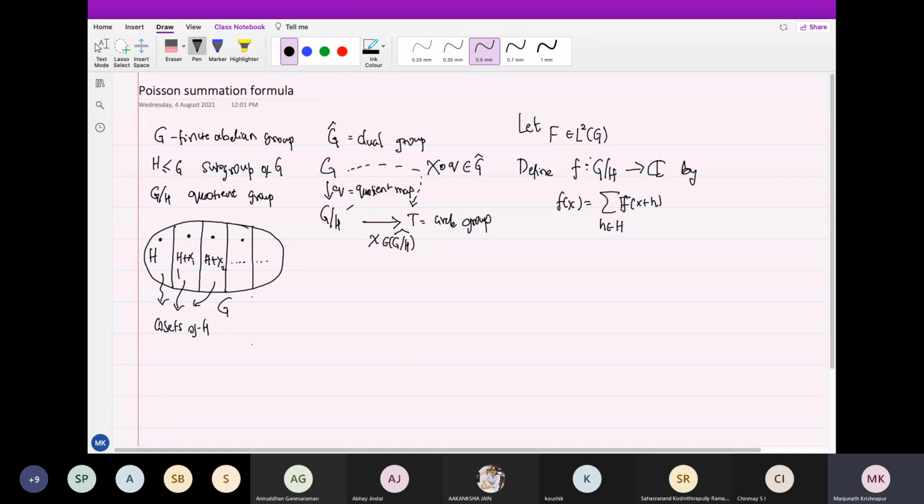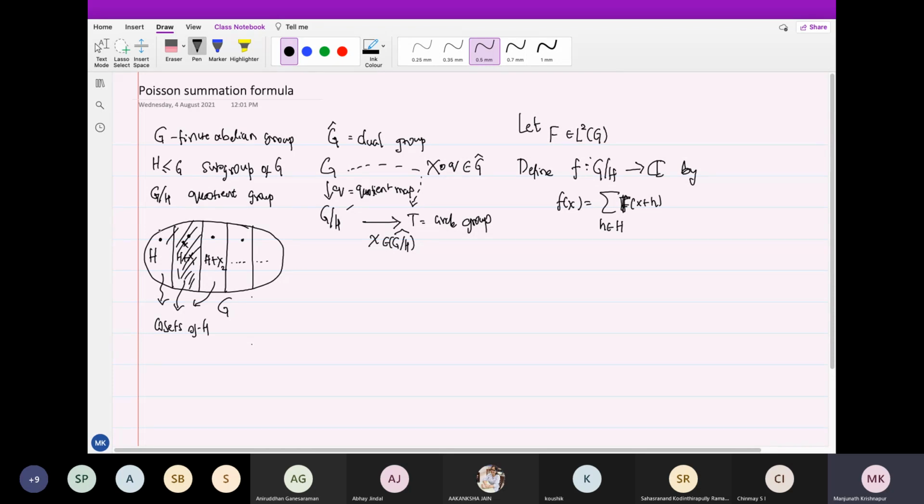So you take any x in the group. It can be anywhere. Its translates are basically all these elements. If you translate by h, these are all the elements which differ from x by an element of H. So basically I'm taking the sum of capital F over this set.